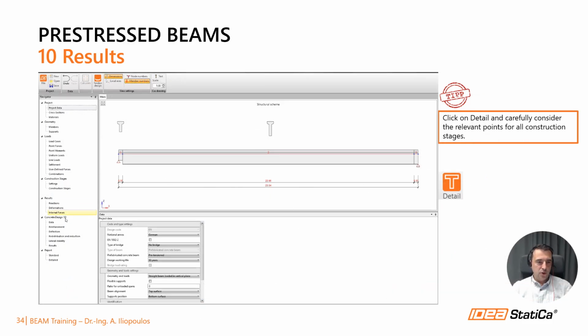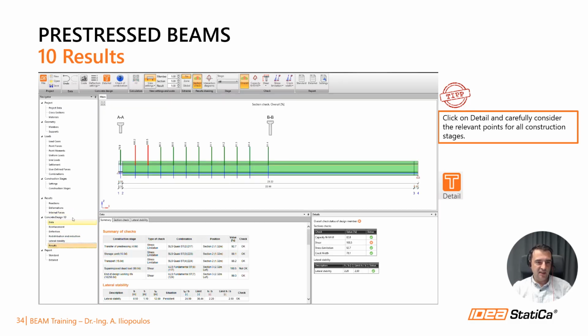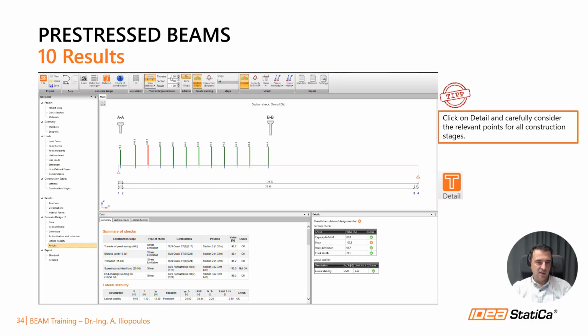Here a short video with a summary of results. When we click on results, we get the summary. We can adjust the display options. We can choose which extremes will be described as well. And we can display the desired construction stage, or we can show all of them.